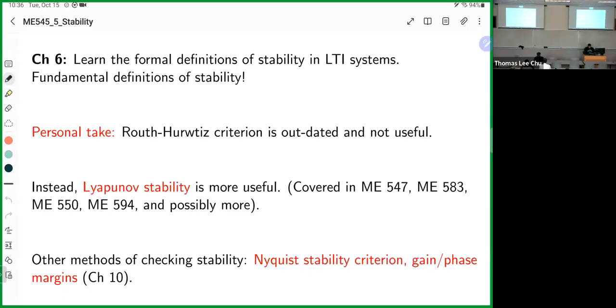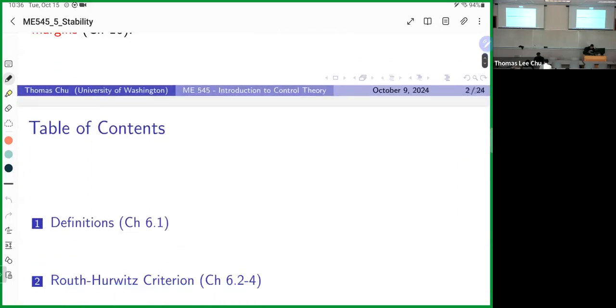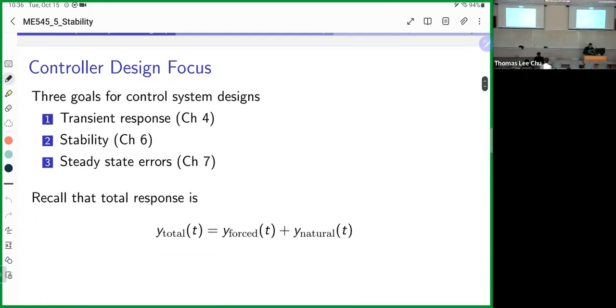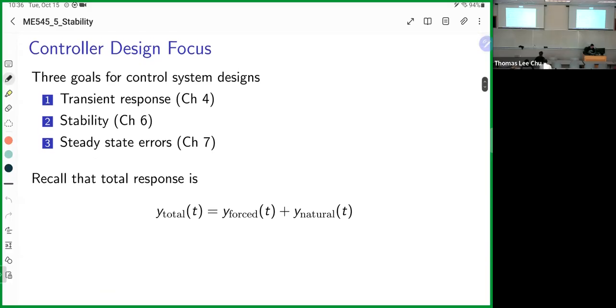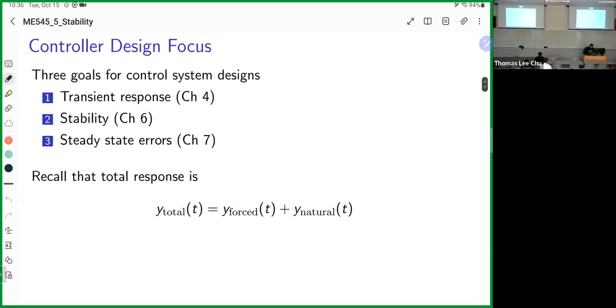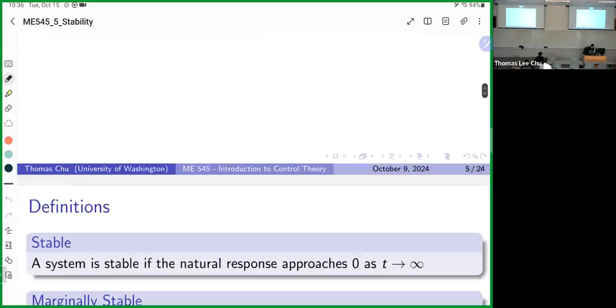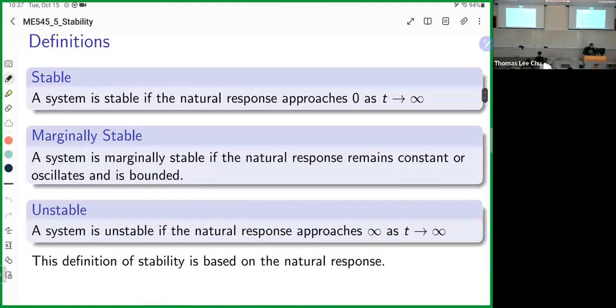multiplication and division. Okay, so chapter 6, we're going to talk about stability. Yesterday we started with some definitions. We talked about the 3 main goals of controller design, and we also talked about the total response, that it's the forced plus natural response.